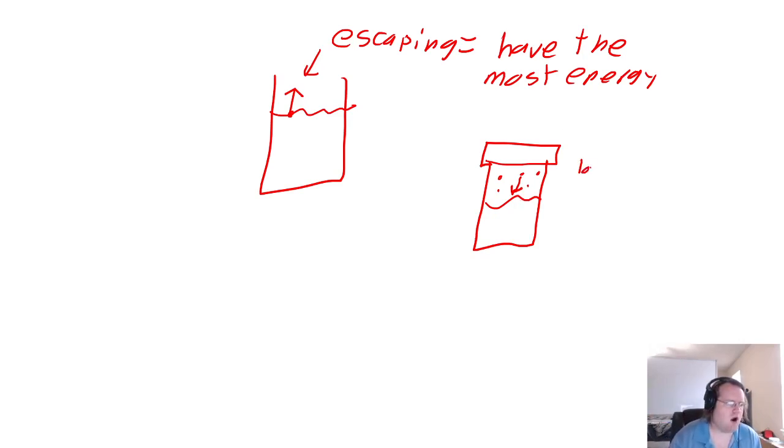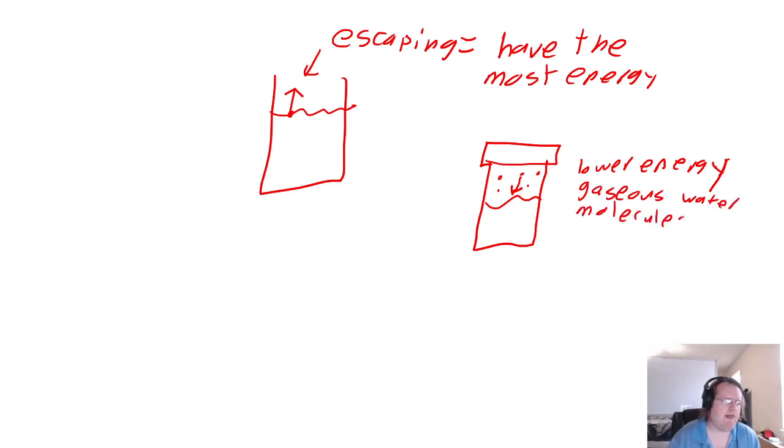They still might be high energy compared to the ones in the liquid, but they have to be low enough energy that they can be recaptured. So the lower energy gaseous water molecules can rejoin the liquid.